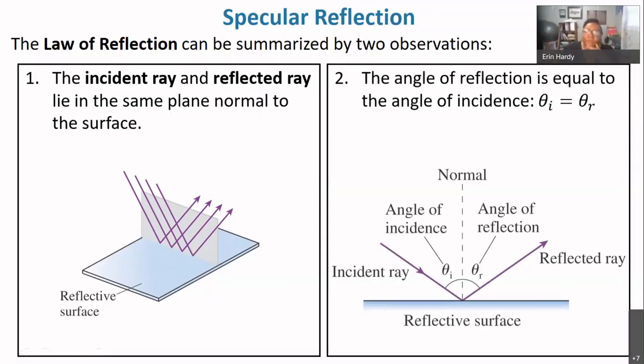So we can split this process into halves, like a before and an after, so that if we were just to take an edge-on view of the same scenario, the incident ray is the light ray before it's interacted with the reflective surface. The reflected ray is obviously the light ray after it has interacted with the surface.